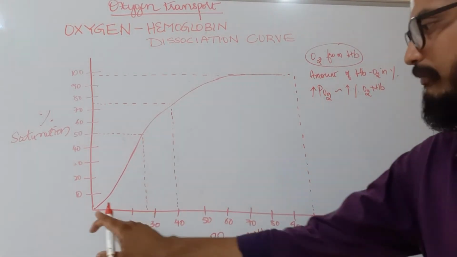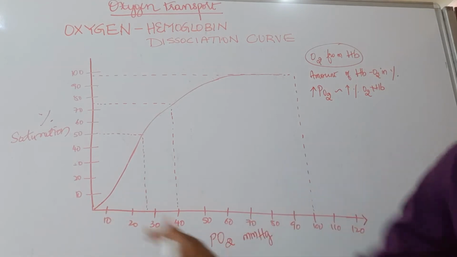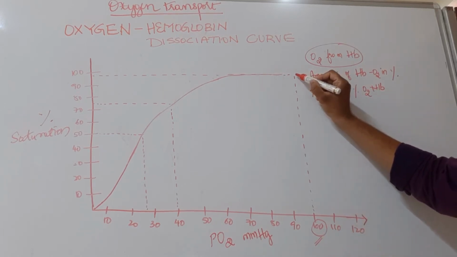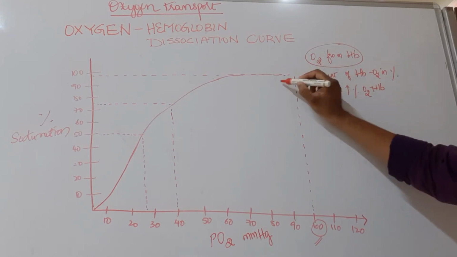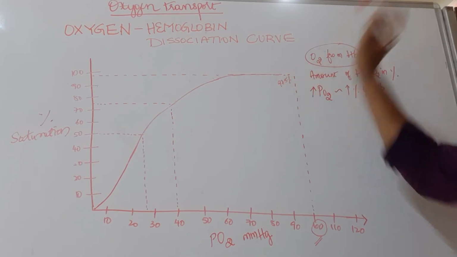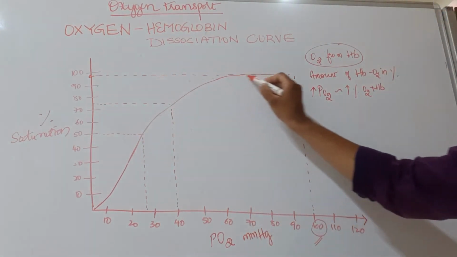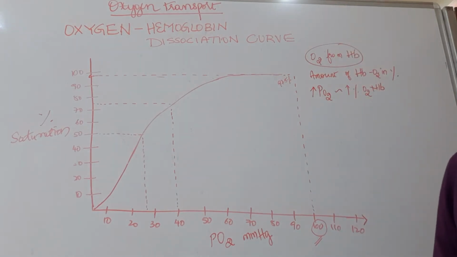If you see it in a graph, normally the partial pressure of the arterial blood is about 100 mmHg. When the partial pressure of oxygen is 100 mmHg, the percentage saturation of the hemoglobin is about 97.5%.